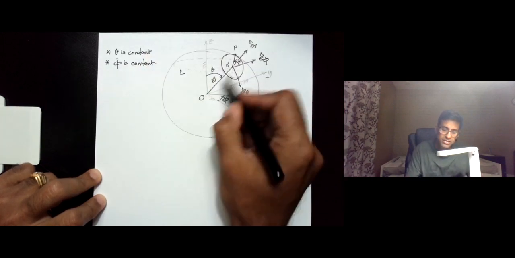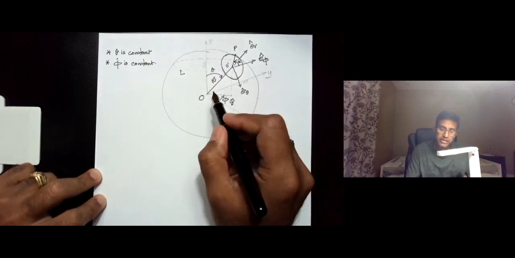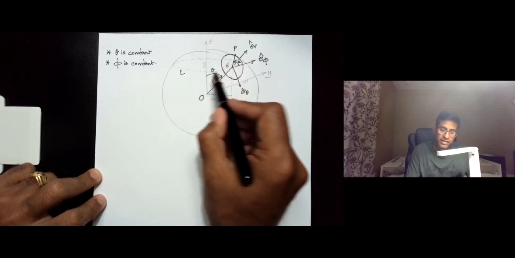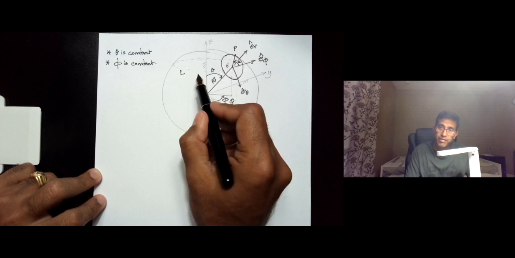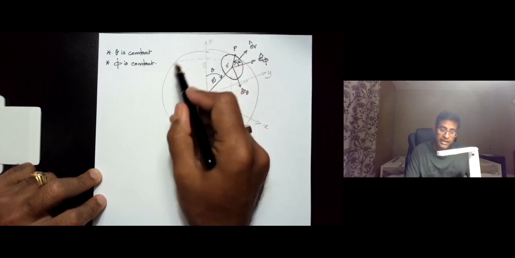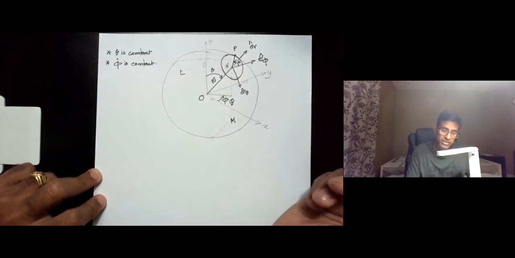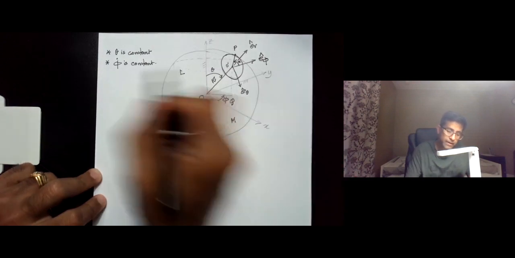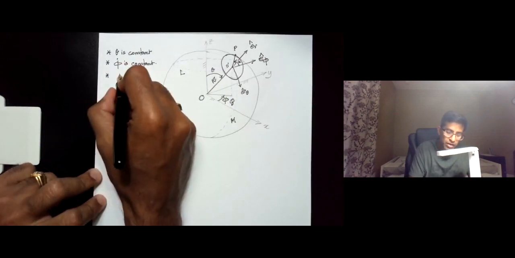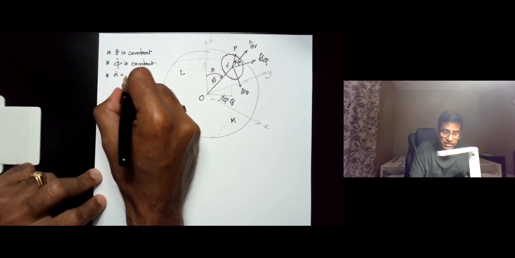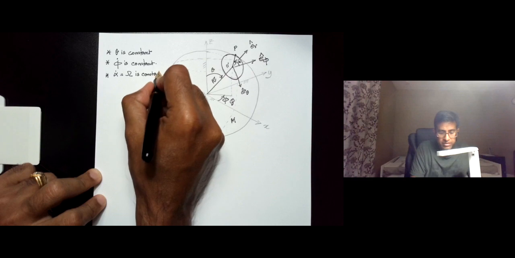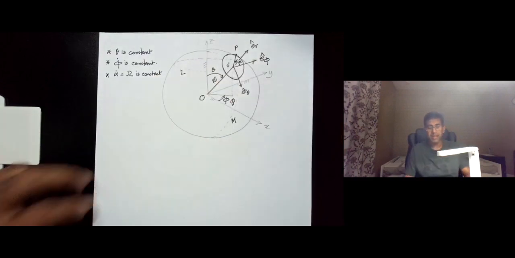So in other words, the bar OO prime is rotating such that O prime is tracing this latitude at a constant angular velocity, and that angular velocity is phi dot. Furthermore, alpha dot, which is capital omega, is constant, which means that the disk is spinning at a constant rate.